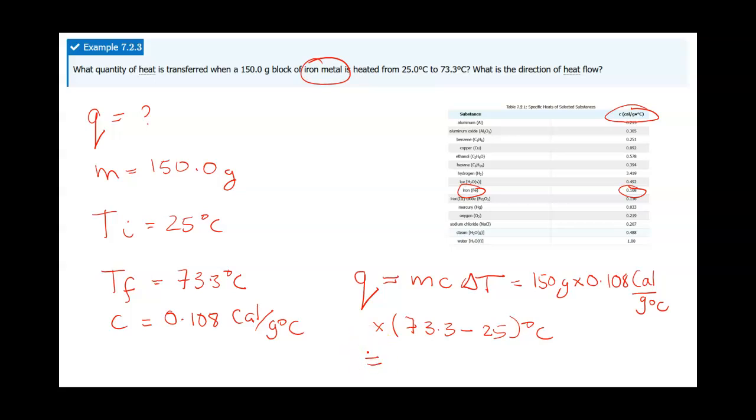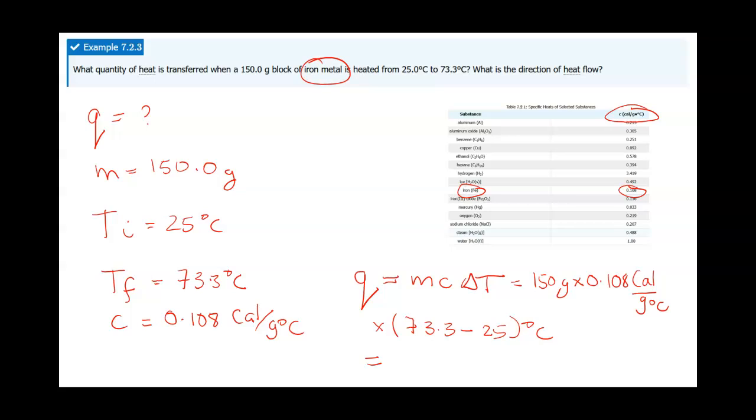So let's put all of that into the calculator. 150 times 0.108 times parentheses 73.3 minus 25, and then close the parentheses.